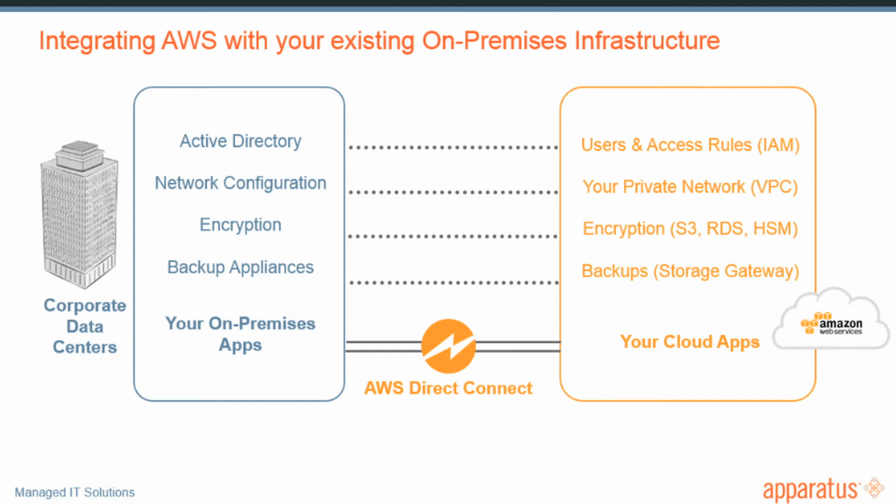And as I touched on, there's also Direct Connect, which connects your network directly into an AWS data center, so that you have fast, low latency, and secure transfer of your data to your resources in Amazon.